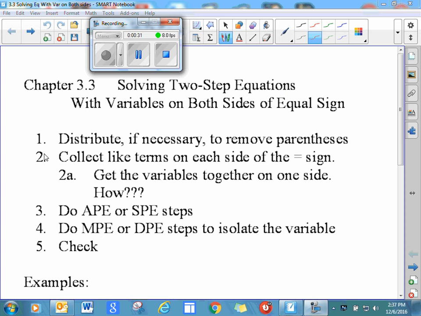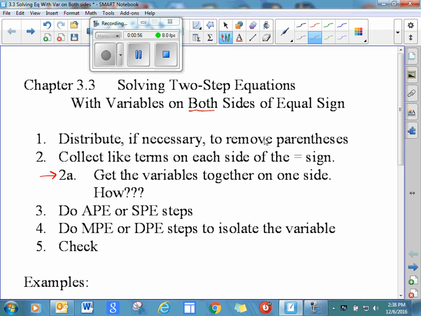You notice in my 5 steps, there is a 2a step that has not been there in the other 2 sections of notes. In these equations we have variables on both sides of the equal sign. In 3.1 and 3.2, your variable has been on one side or the other, but not both.